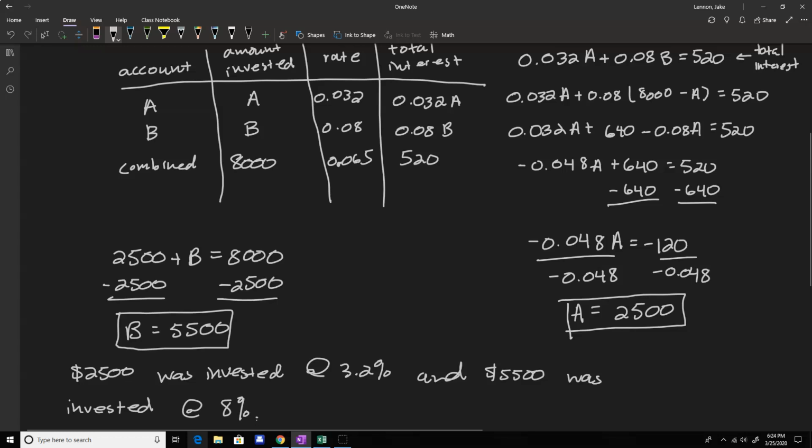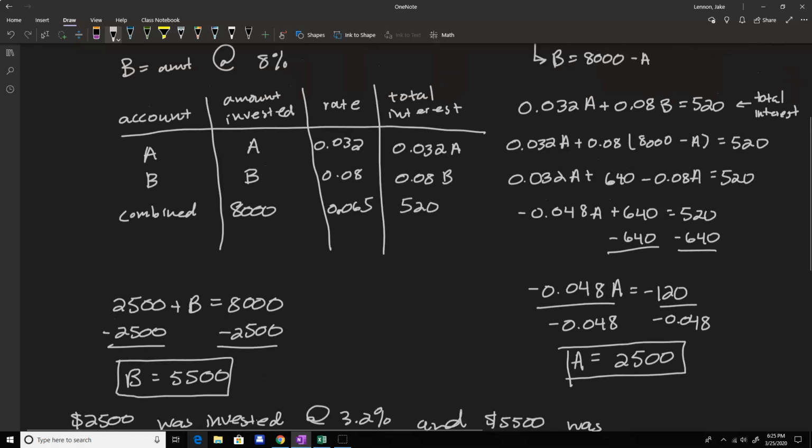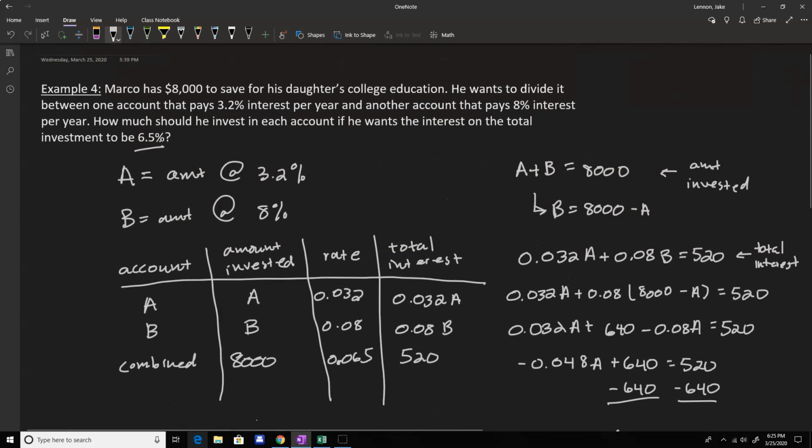Okay, so that is it for these examples today. Basically, the main thing is you need to be able to write down the two equations that you're going to put together to solve any of these types of mixture problems. I think using a chart can be helpful when you have a lot of information to organize. What's the general process? We always had two things that they were looking for.